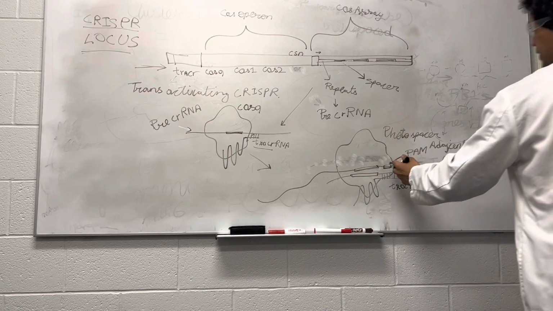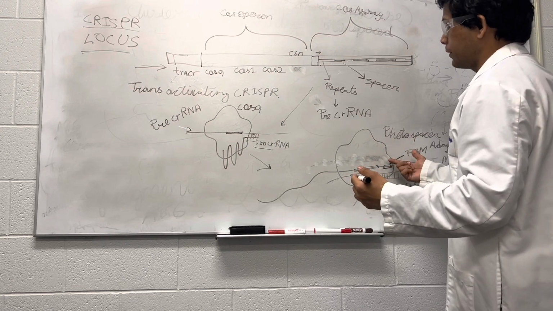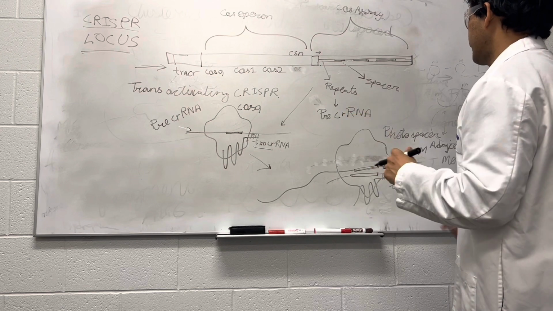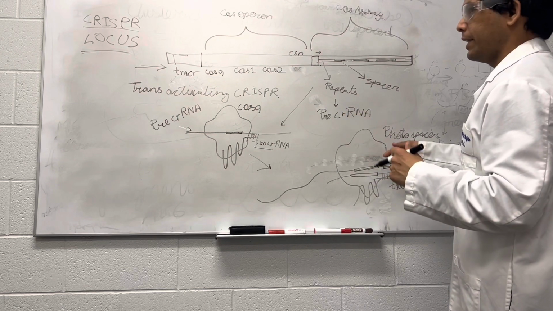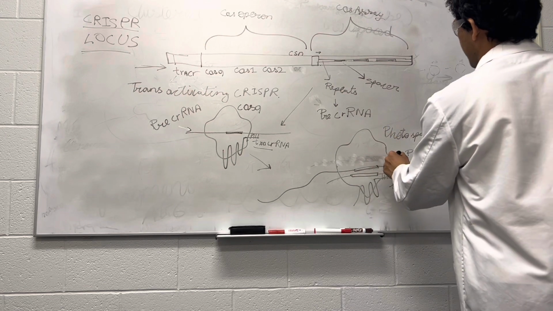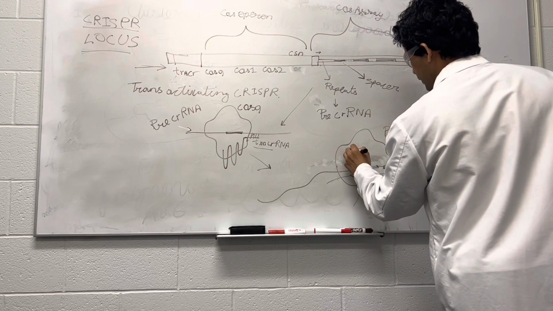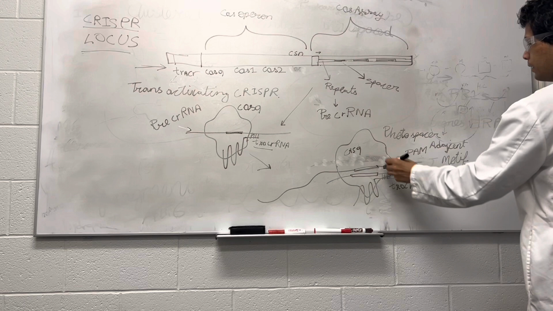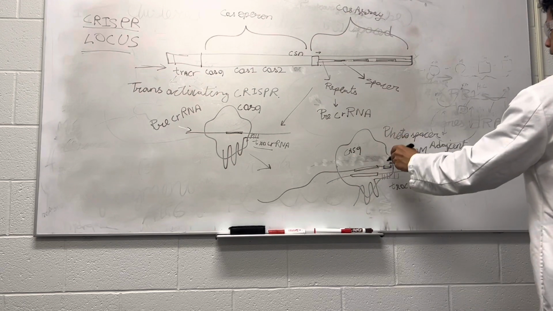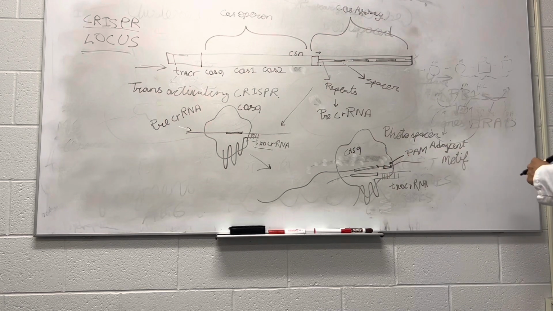If the PAM sequence is available, it gives two-way authentication that this DNA is foreign. First, the spacer is matched, and second, the PAM sequence is also available. So now Cas9 can function to cleave off this foreign DNA. PAM is known as the protospacer adjacent motif.